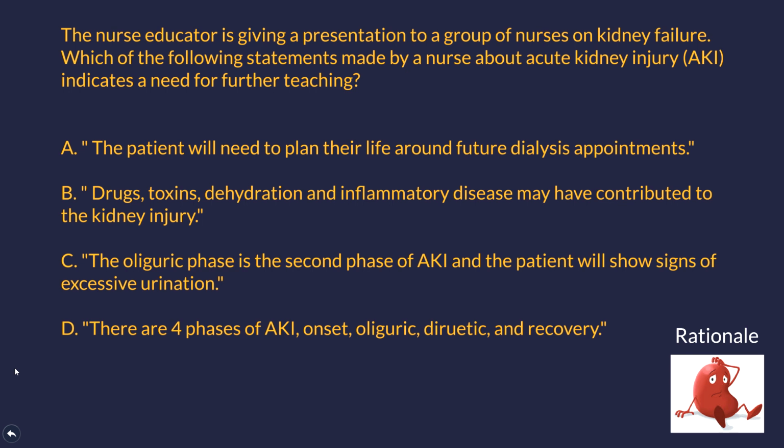B. Drugs, toxins, dehydration, and inflammatory disease may have contributed to the kidney injury. C. The oliguric phase is the second phase of AKI, and the patient will show signs of excessive urination. Or D. There are 4 phases of AKI: onset, oliguric, diuretic, and recovery. I'll give you just a few seconds.